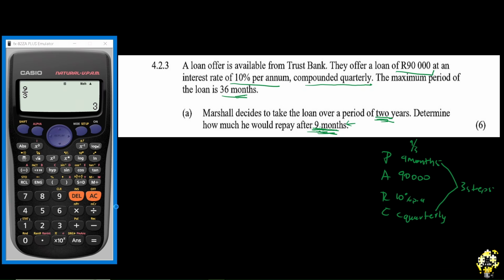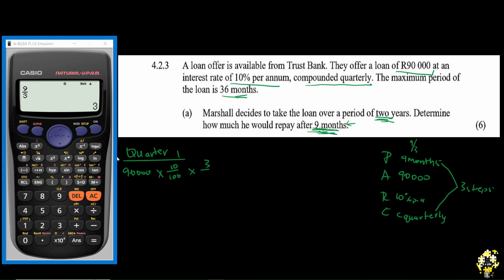So let's get this right. Now we are going to say first quarter, or quarter 1, however you want to name it. What do we do for quarter 1? Principal. What is our principal? 90,000. We multiply it by 10 over 100. What is the multiplication when it's quarterly?